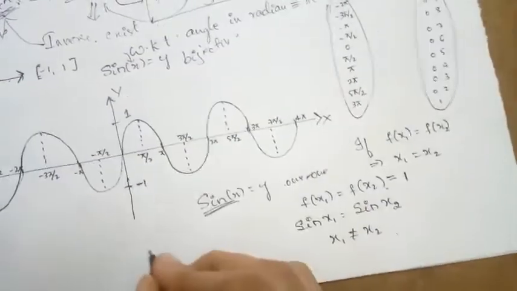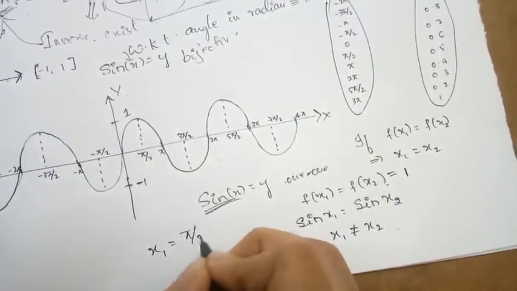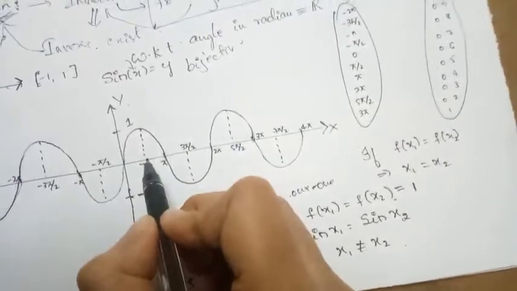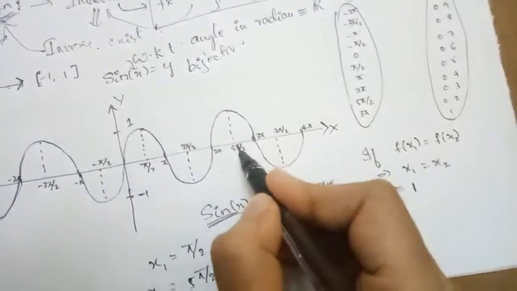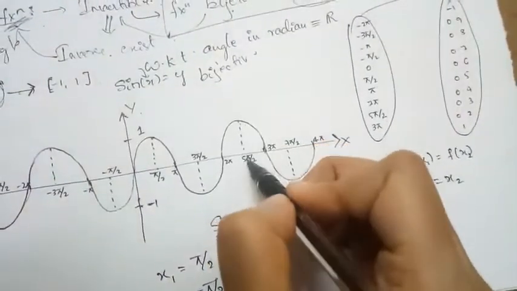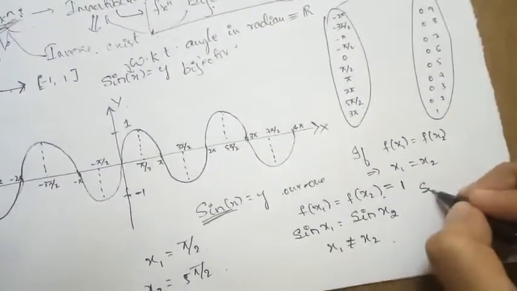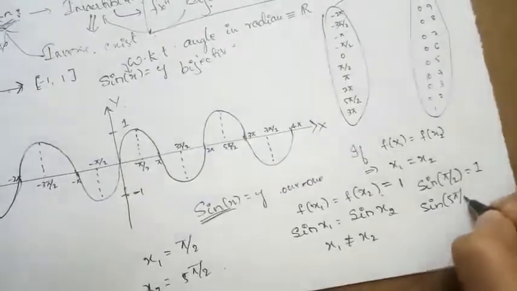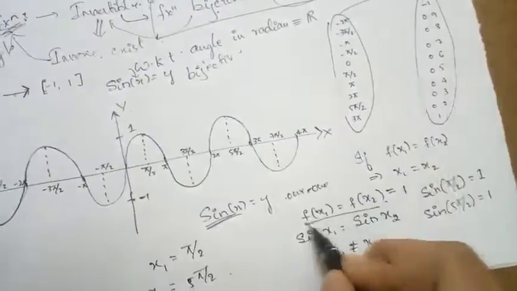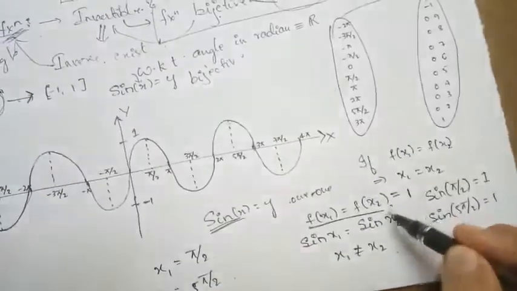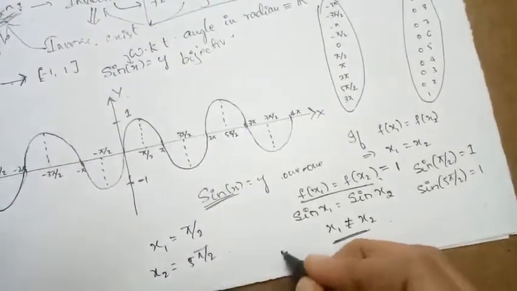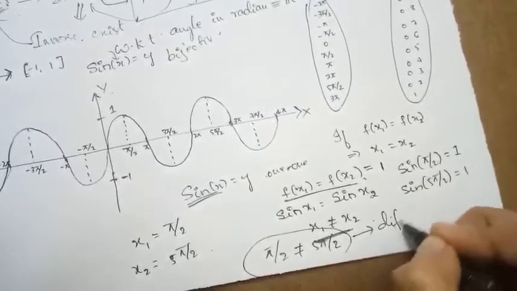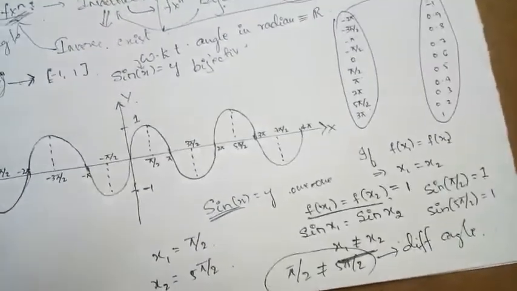If I take x1 equal to pi by 2 and x2 equal to 5 pi by 2, you can observe that sin pi by 2 is equal to 1 and sin 5 pi by 2 is also equal to 1. So f of x1 is equal to f of x2 here, but pi by 2 is not equal to 5 pi by 2. Both are different angles, so it is not a one-one function.